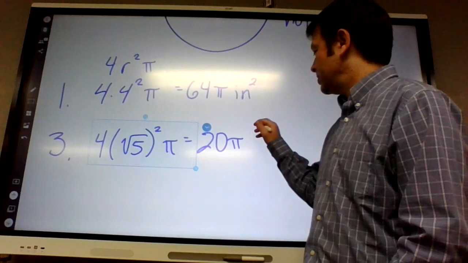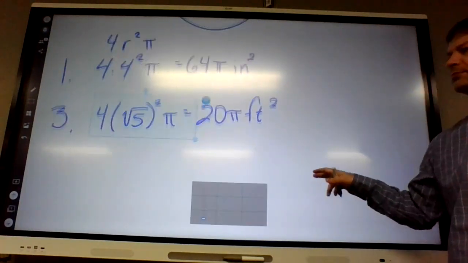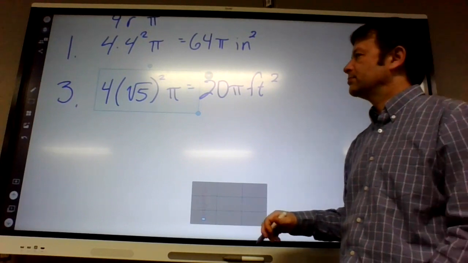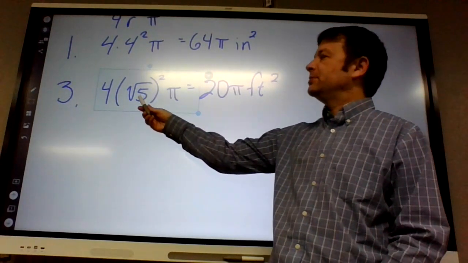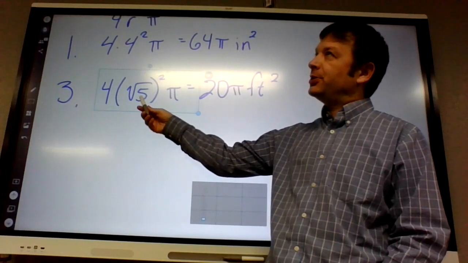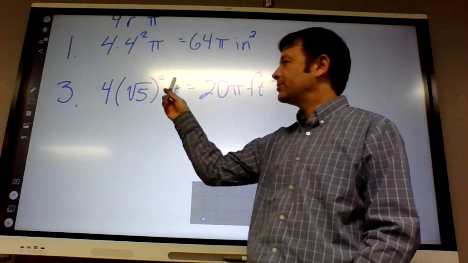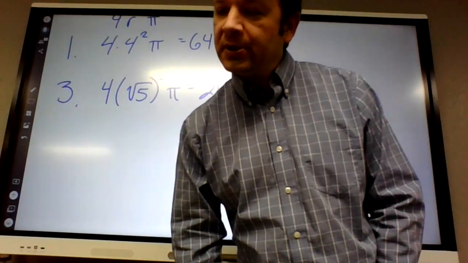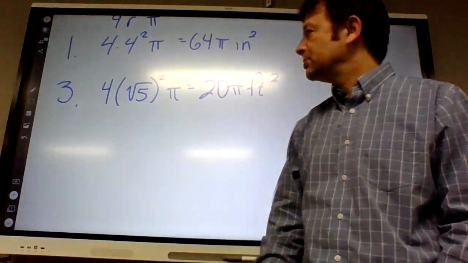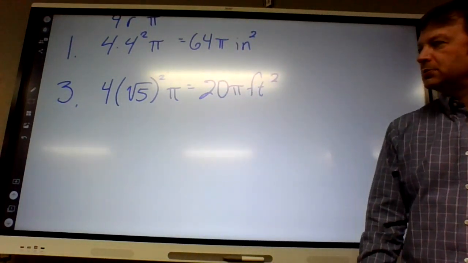Feet squared. Where did you get the 5? From number 3. No, I'm on the wrong page. That's why I'm so confused.